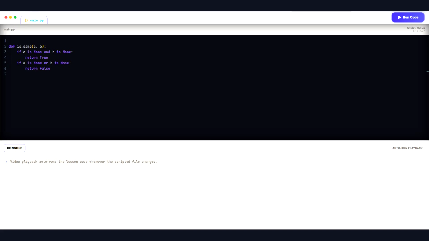If both nodes exist but their values differ, it is a mismatch right away. Otherwise, both left sides and both right sides must match too. Now, let's test it and hit run.